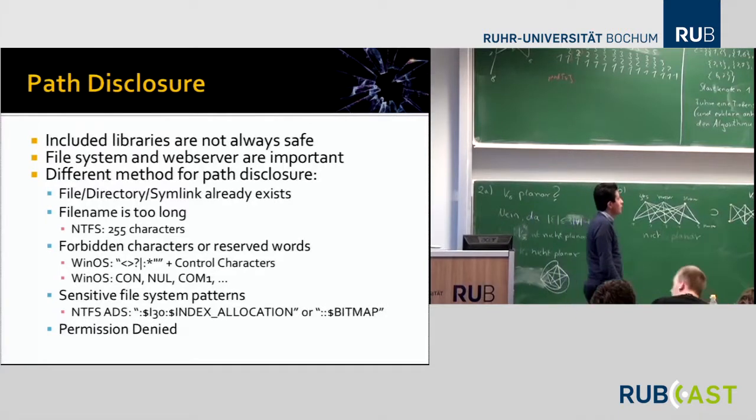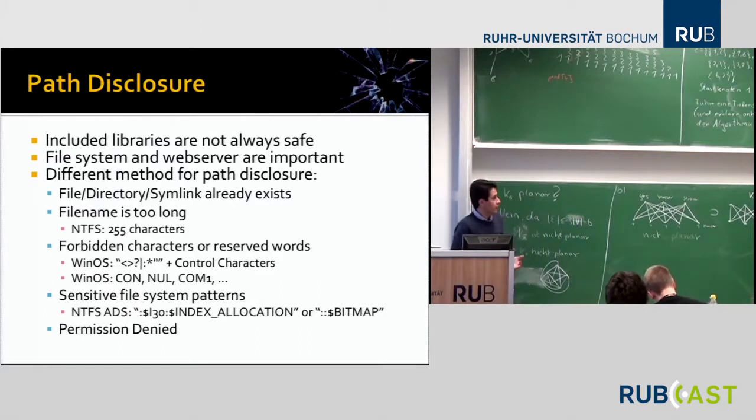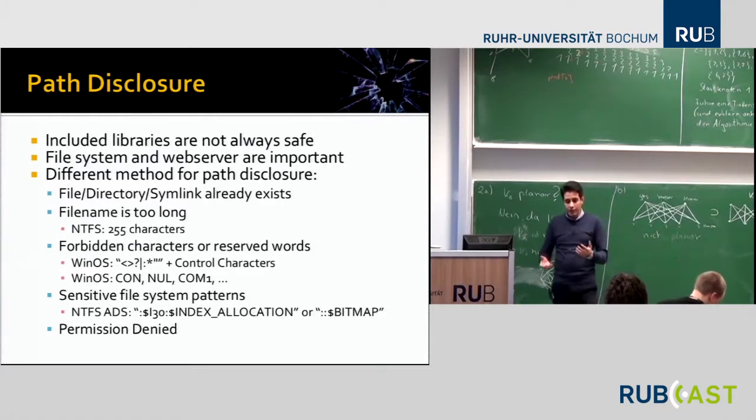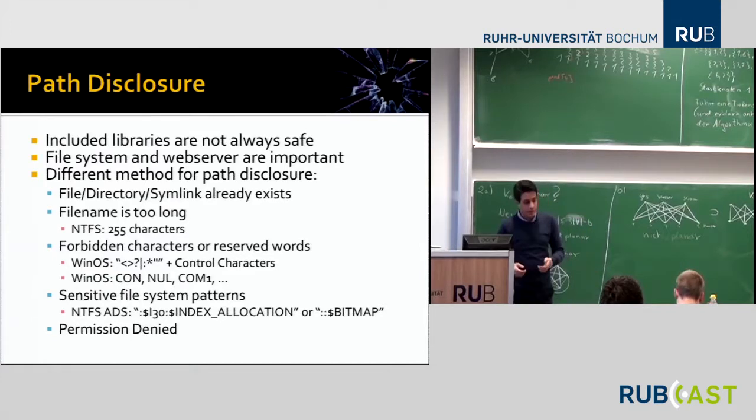Path disclosure, which is one of the information disclosure vulnerabilities. Most of the times when developers include something into their applications, like libraries, they trust those libraries. They think nothing will go wrong, and if there is any error, I will catch it. But sometimes there are some try catches inside those applications, or there are some uncaught errors inside those libraries that will show you the error.